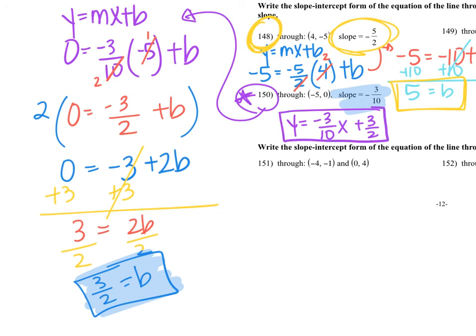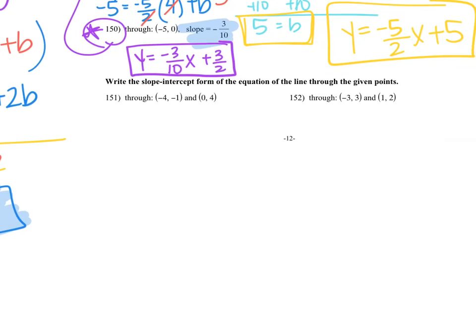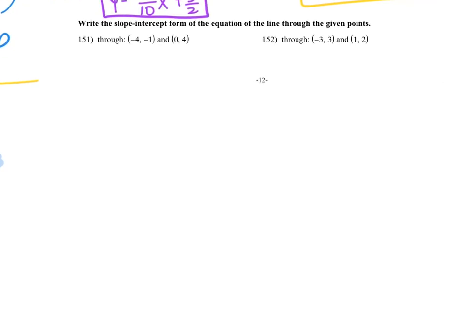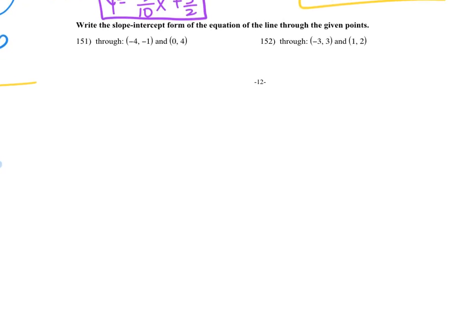And that would be my answer. Now there's a lot more steps in the next section because up until now you were given some of the information that you can plug in. But in the next section, you're only given 2 points. And so I'm going to do one of them. It really is the exact same thing over and over and over for the rest.